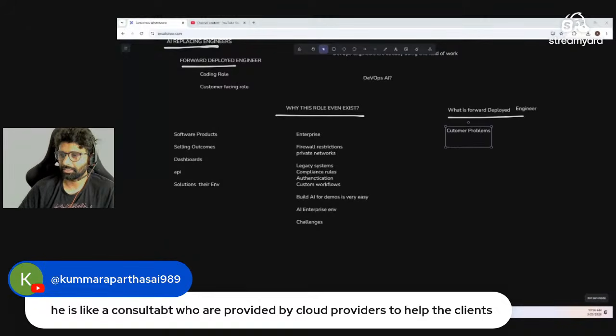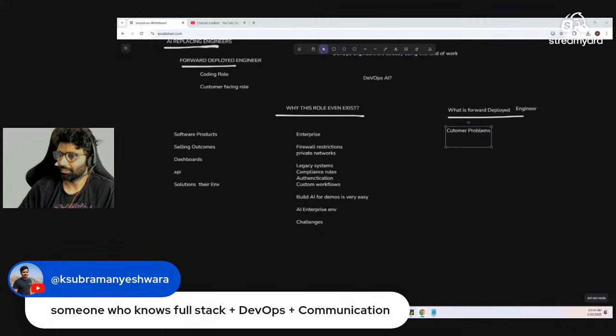Somewhat it relates, but I'm going to answer in more detail. Full stack plus DevOps plus communication is the tech side of things, not exactly this particular role.